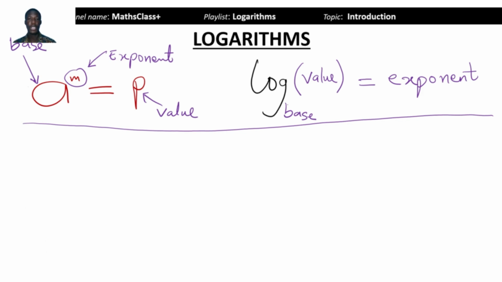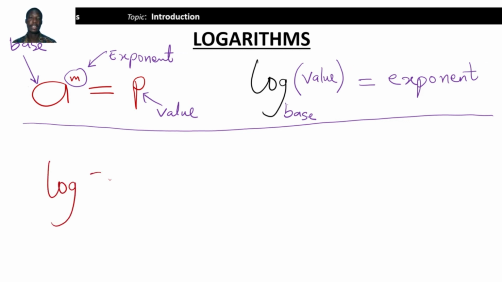Now we continue. If you have a logarithmic equation, how will you convert it to an exponential equation? Assuming you have log x to the base a, and this is equal to f.